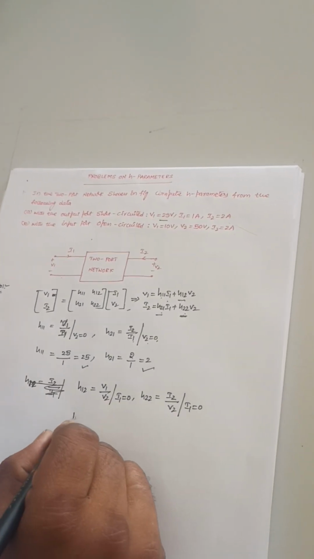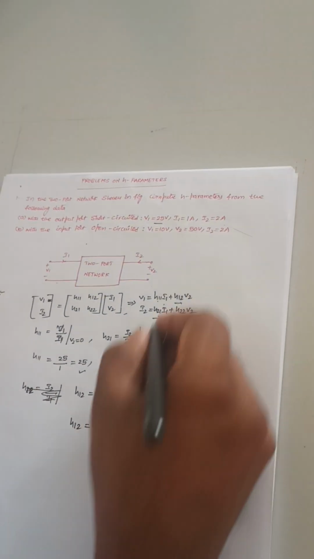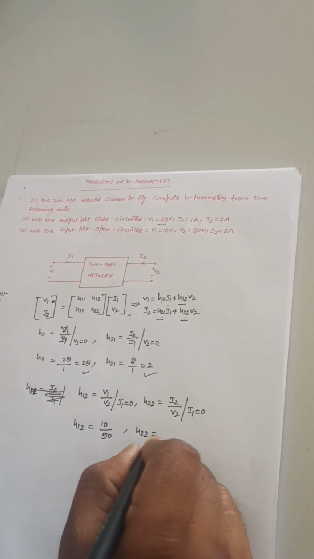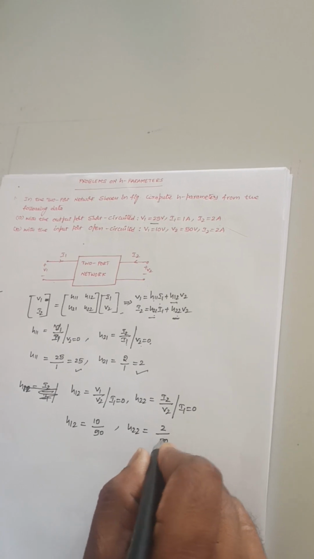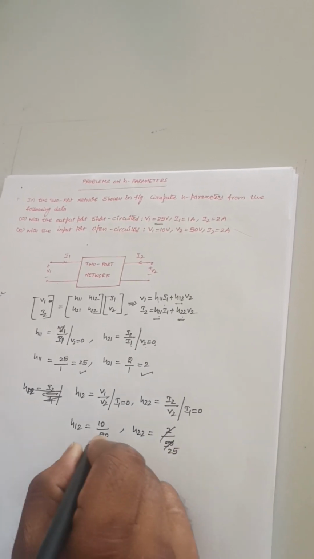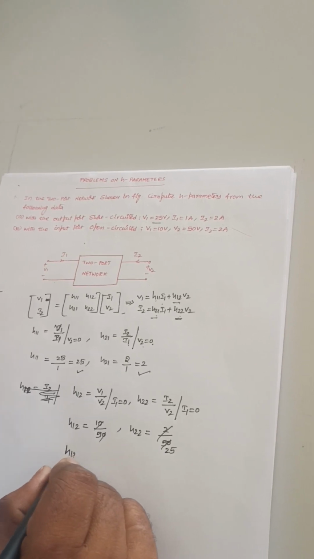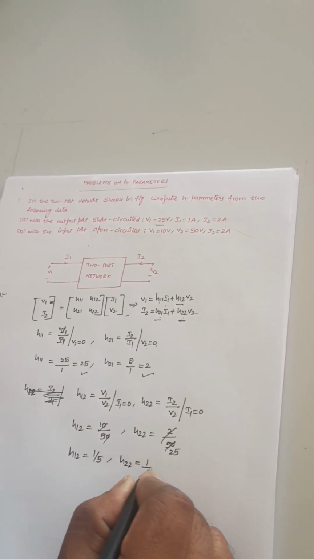That means H12 is equal to, with these values, 10 divided by V2 which is 50, and H22 is equal to I2, which is 2 amperes, divided by V2, which is 50. So it is 1 by 25, and H12 is 1 by 5. So H12 is equal to 1 by 5 and H22 is equal to 1 by 25.